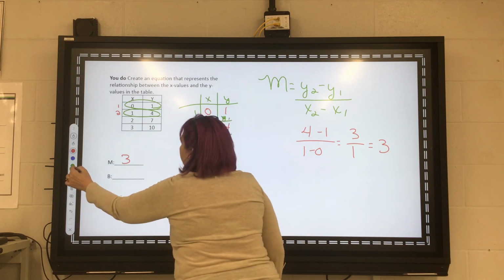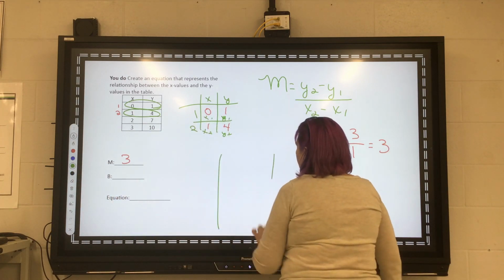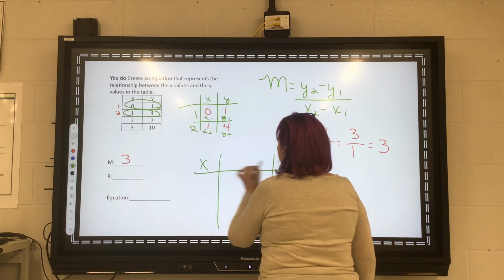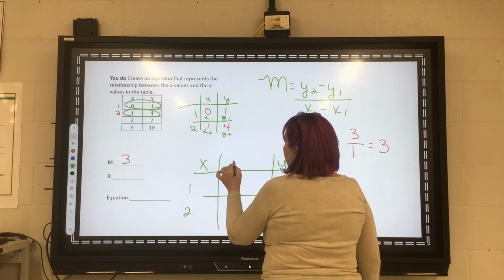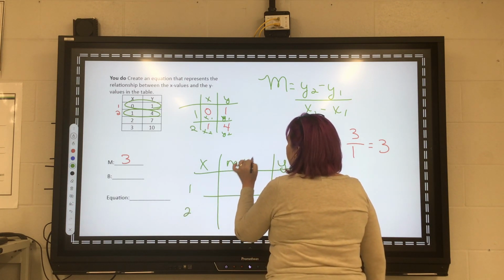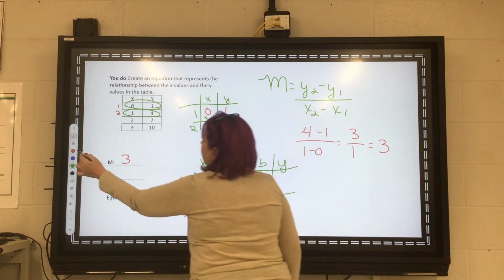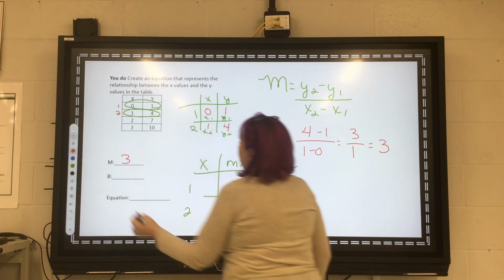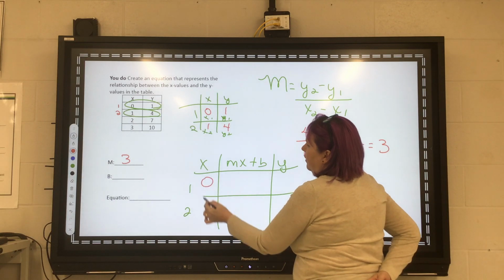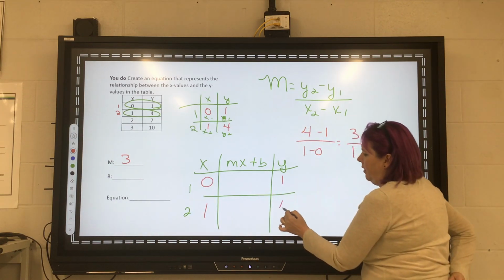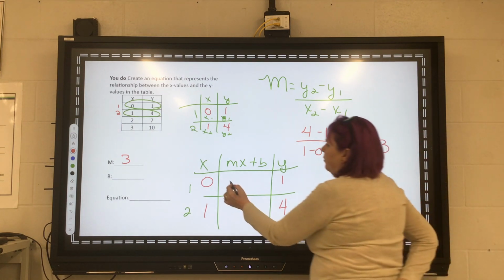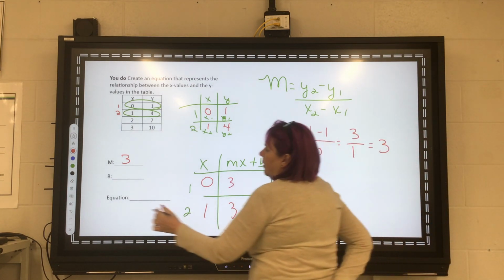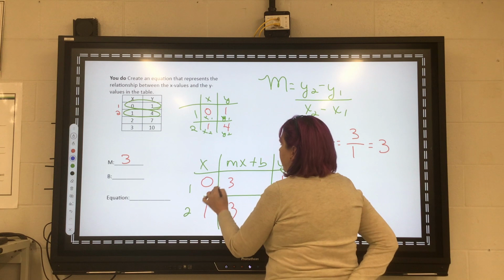And then I'm going to go in and do my other chart. X, Y, 1, 2, mx plus b. And I get 0, 1, 1, and 4. My m is 3. And then I'm going to do my math.